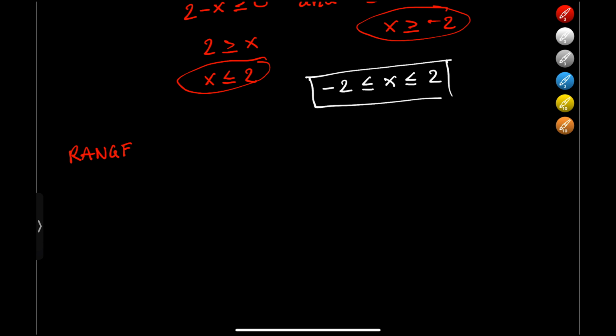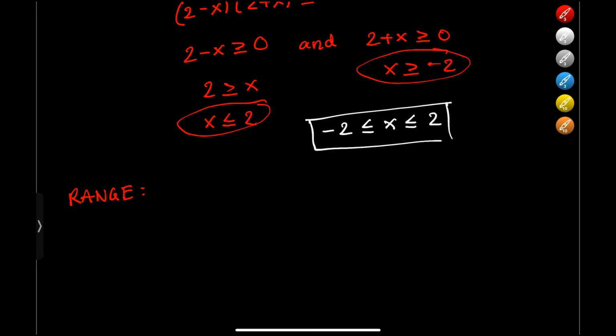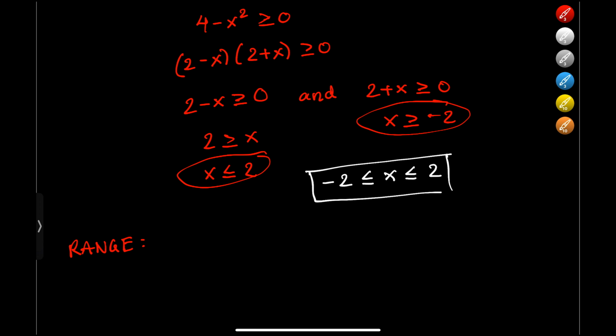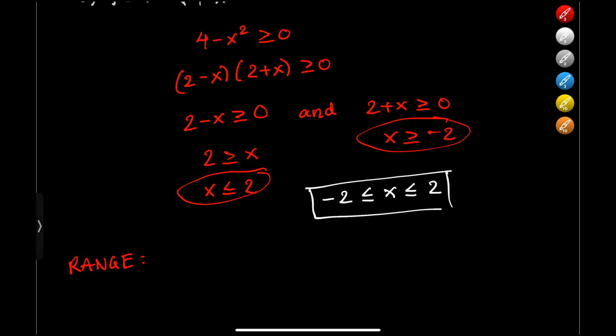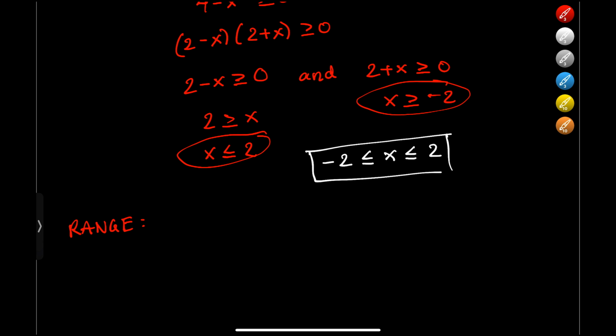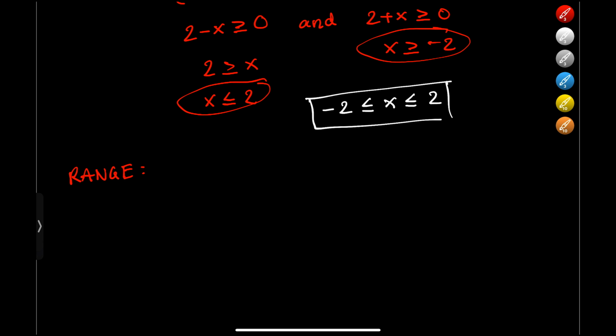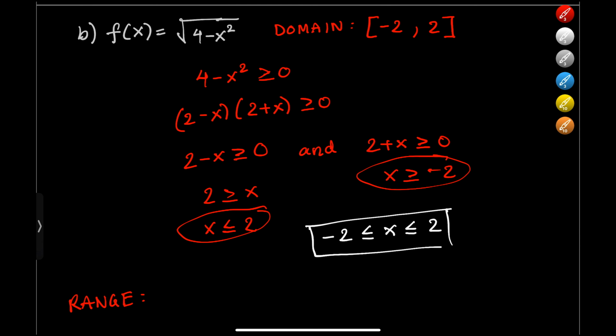We can only plug in these values into x to get a valid output, so using that information, we can plug in a 0 into our function right here.